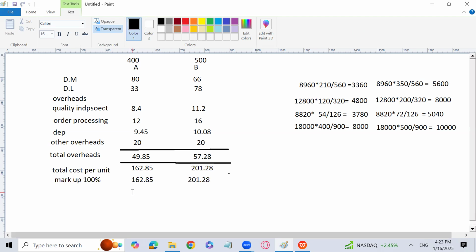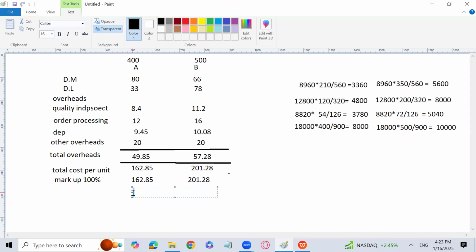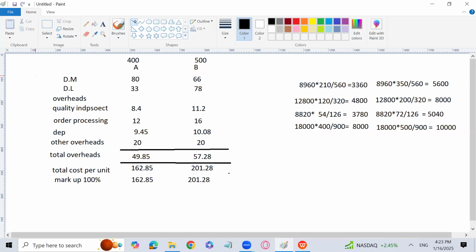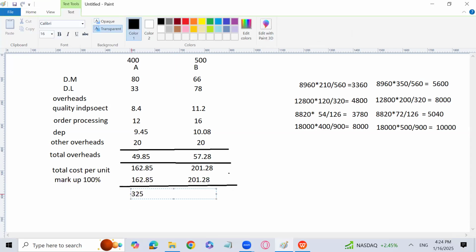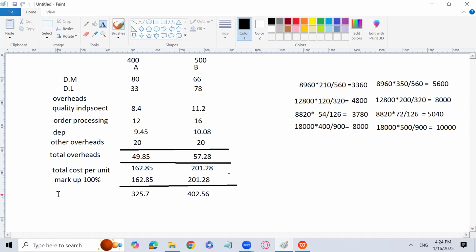So I will get the selling price. How much is it? 325.7, and 402.56. That is going to be the selling price.